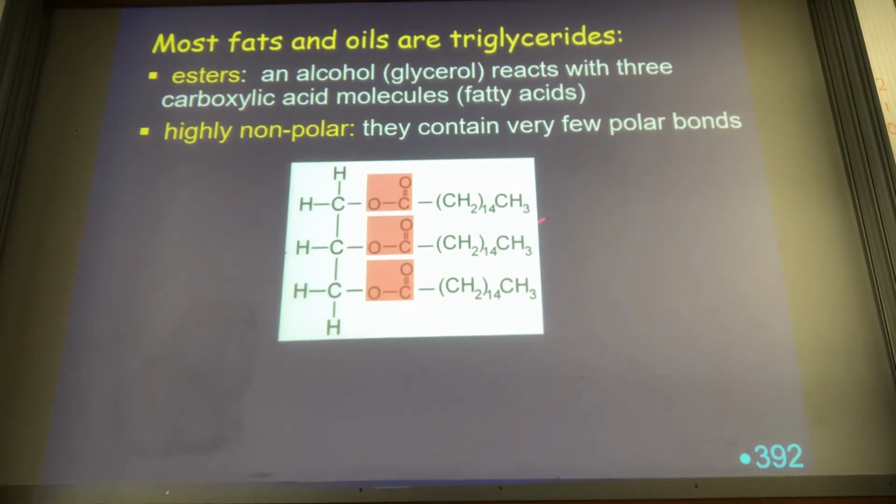Now you've always got lots and lots of long hydrocarbon chains, so these are highly non-polar molecules. You've got a few polar bonds, polar groups hidden away in the ester functional groups, but overall the effect of the long hydrocarbon chains is much more powerful. These are highly non-polar.